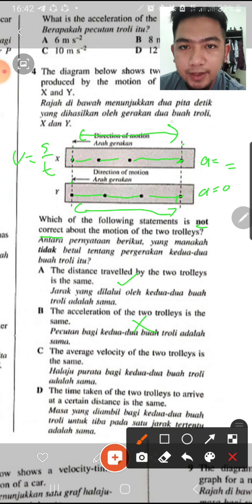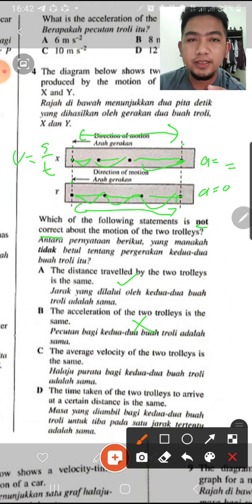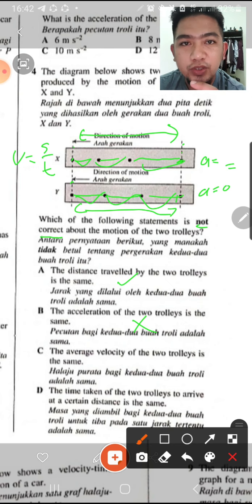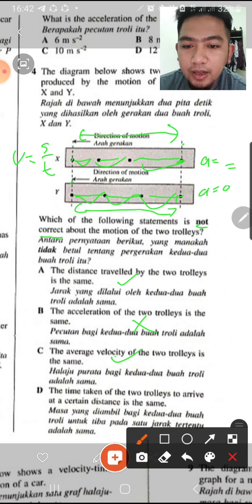We already said the distance is the same at A, which means the displacement is the same. And the motion is the same, positive, going left. So the displacement is the same, and the time is also the same, because there are 3 spaces of dots. So the time is also the same, 3 times 0.02. So if you divide, you must get the same average velocity. So C is correct.